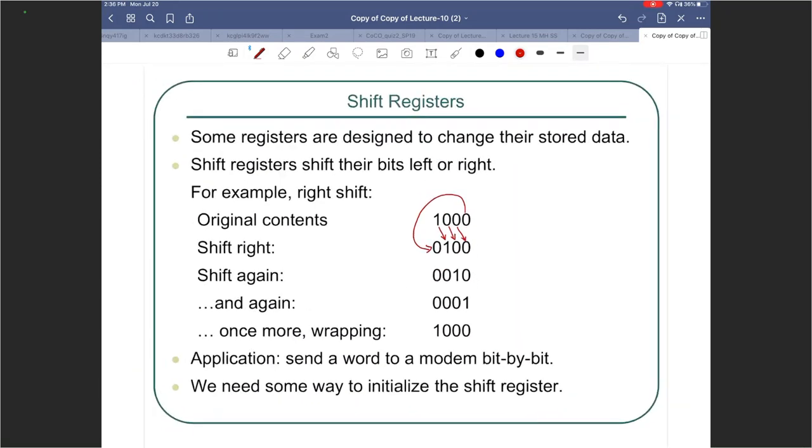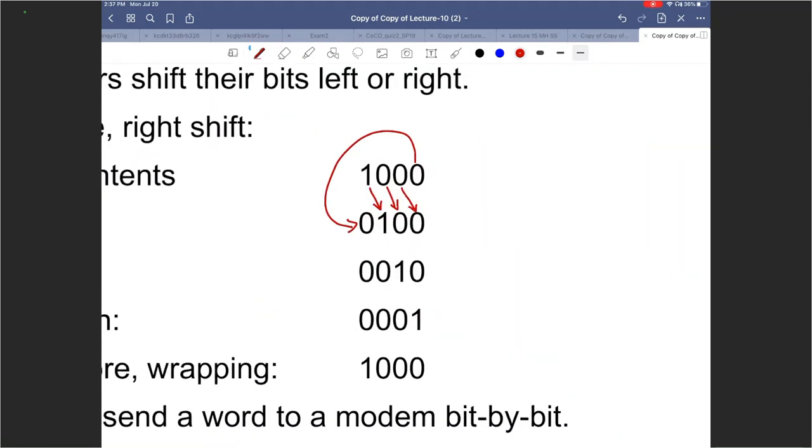Now if there is a shift again, what happens? Another right shift. This 0 moves here, this 1 moves here, this 0 moves here, and then this guy may move here, or there might be a new arbitrary input. Again, that depends on the construction.